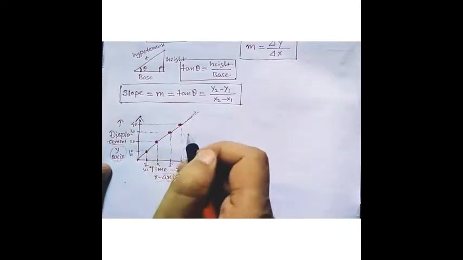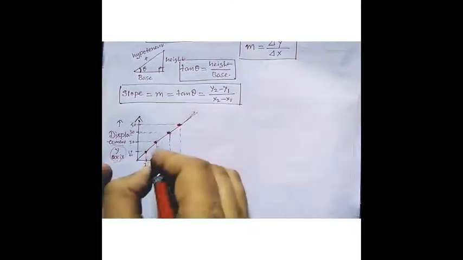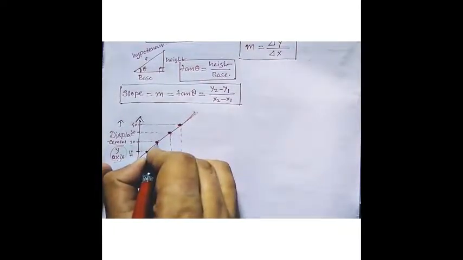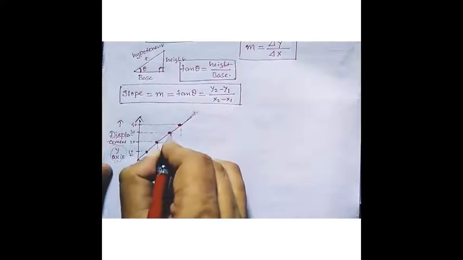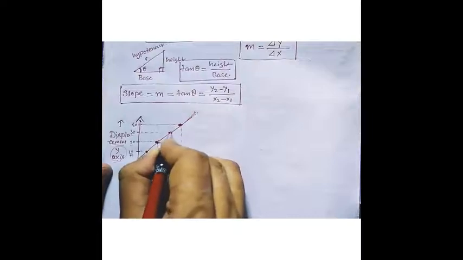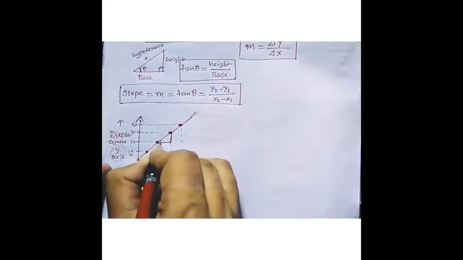So to calculate the slope of this straight line, I have to take 2 points. This is 1 point, and I have to draw a right angle triangle. This is the right angle triangle, and this is the theta.